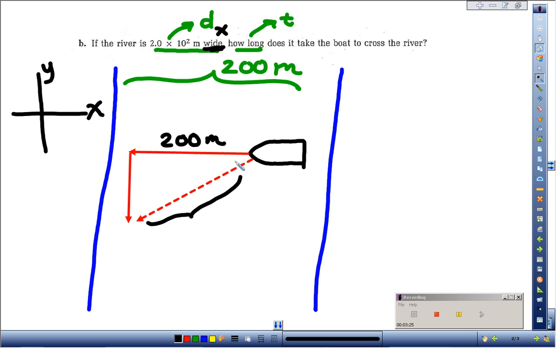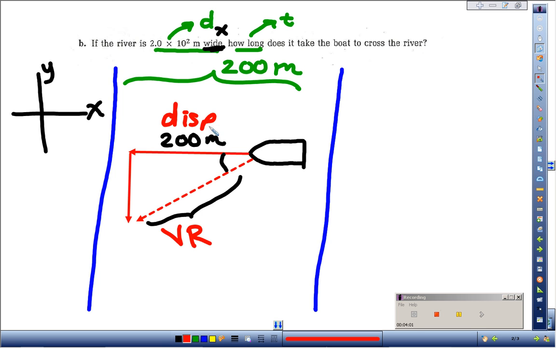I want you to realize that the angle that the boat is displaced from its original direction, due west, is the same for the displacement and for the velocity. But, like I said, when you make a triangle of vectors, you cannot put a resultant velocity on the same triangle as something with displacement.